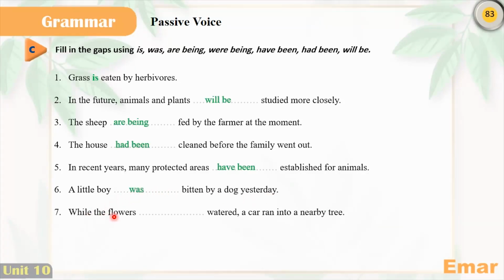While the flowers were being watered, a car ran into a nearby tree. Because this is the past continuous, an uninterrupted action in the past.